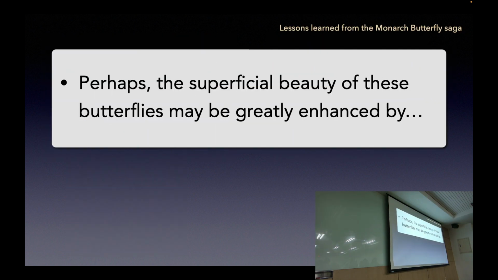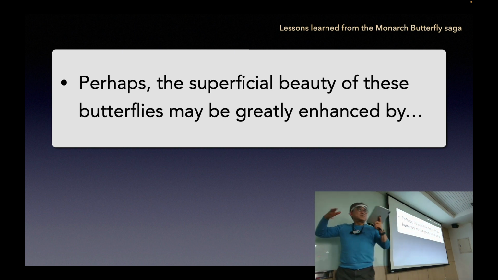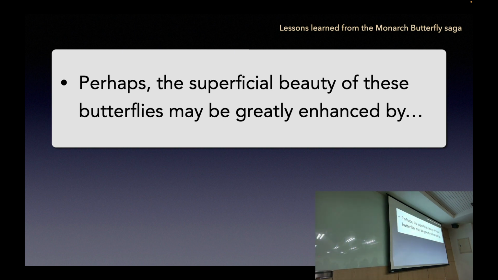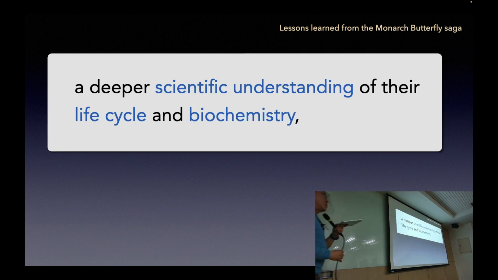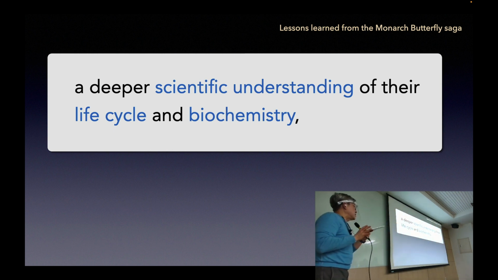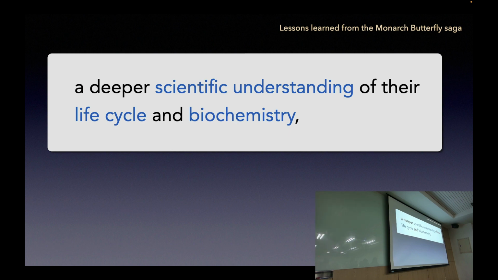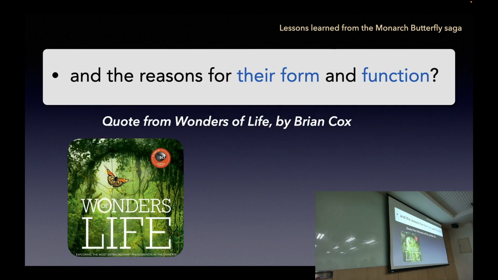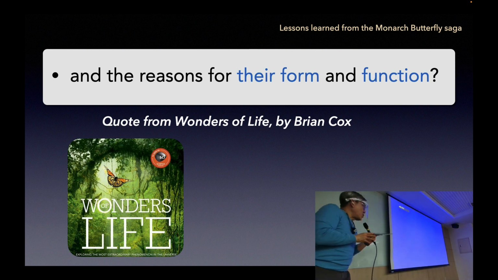However, the approach of the mainstream of scientists to nature's beauty is that if we have access to a deeper understanding of the internal things of their life cycle or their actual biochemistry, then to scientists that object becomes more beautiful, especially when that learning leads them to an ultimate understanding of their form and their function.